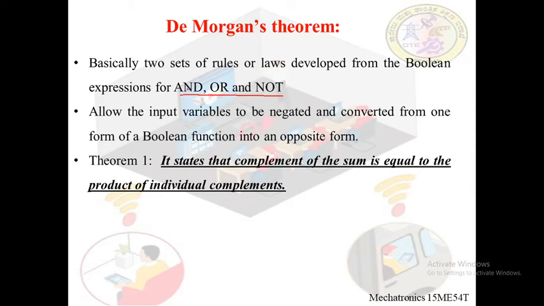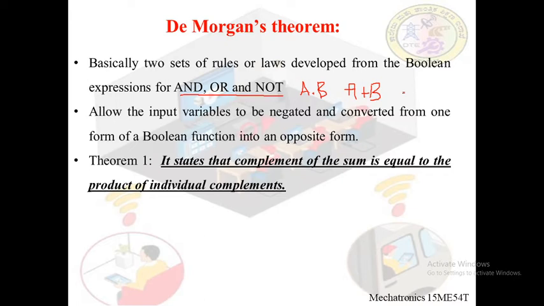We must remember AND gate stands for multiplication, that is, if we have two inputs A and B, A dot B is the AND operation. We are multiplying the two inputs A and B, that is the logical multiplication, the AND gate. OR gate is A plus B. This is the OR operation with two inputs.